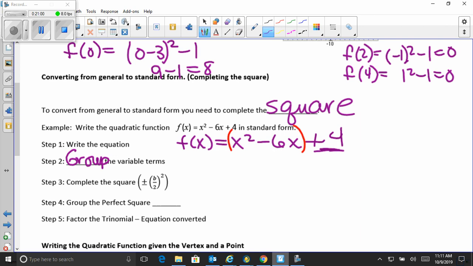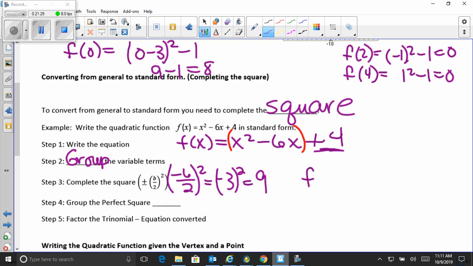So b divided by 2, that's negative 6 divided by 2, and then that needs to be squared. So that's going to be negative 3 squared, which is 9. And notice, I need to add it and subtract it, because remember, I can't add something to an equation and have it stay the same equation. If I'm adding it and subtracting it at the same time, I'm actually adding nothing to it.